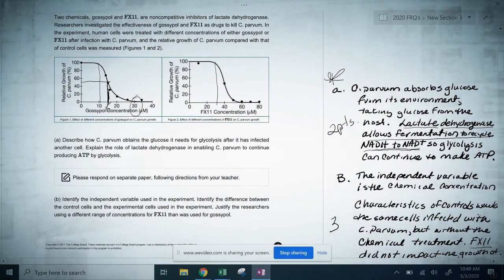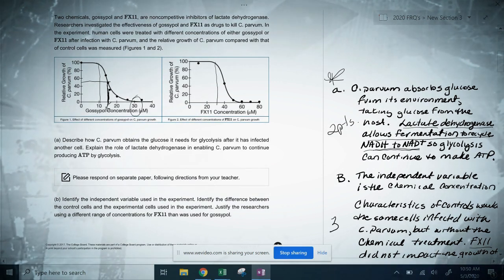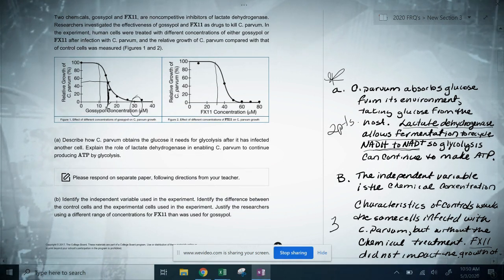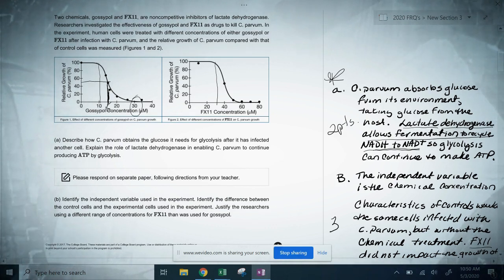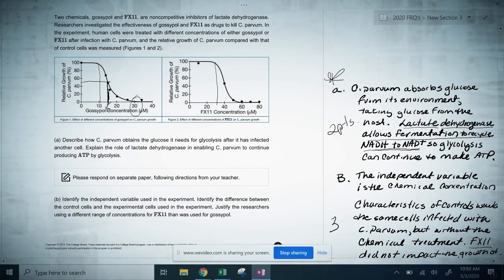B: identify the independent variable used in the experiment. Identify the difference between the control cells and the experimental cells used in the experiment. Justify the researchers using a different range of concentration for FX11 than was used for gossypol.